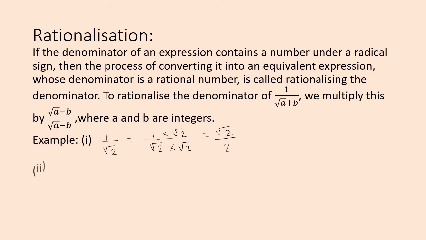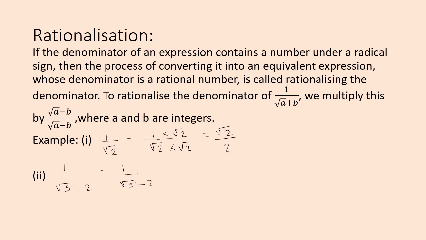You can do one more example, that is 1 upon root 5 minus 2. Now if the questions are of this form, the denominator has one irrational number and a rational number.